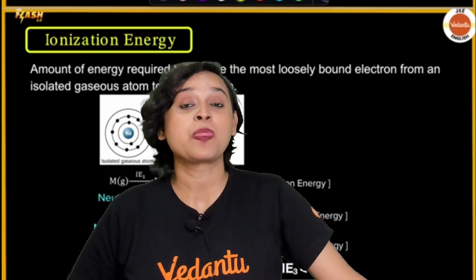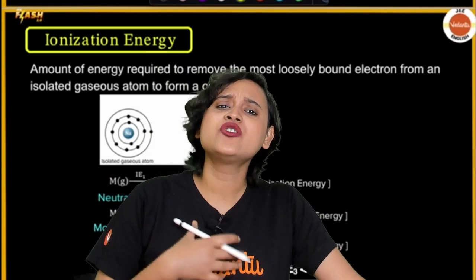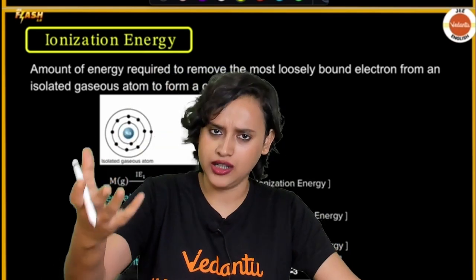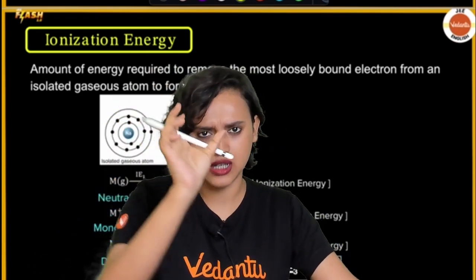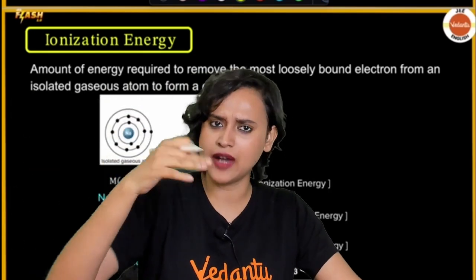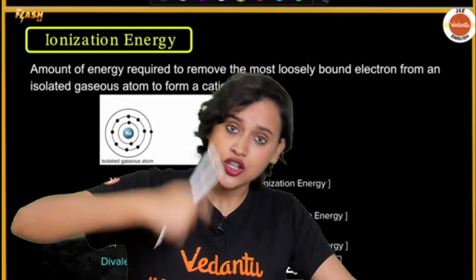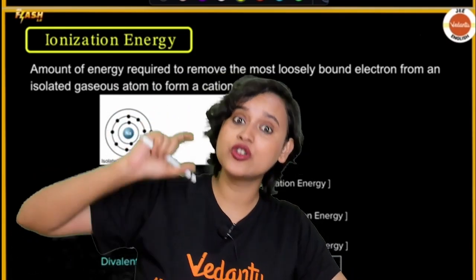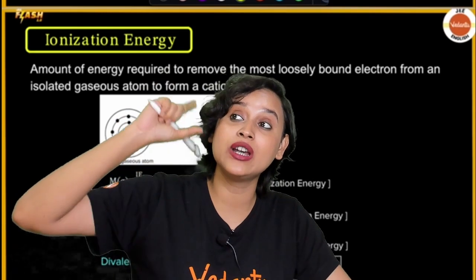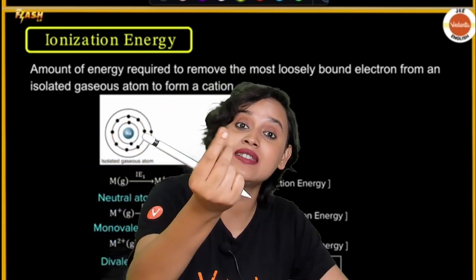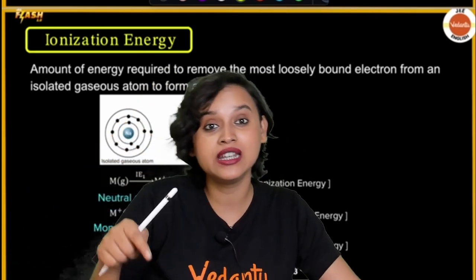So anyway, here what is happening is I have to give them a certain amount of money to be able to get that product. So what am I doing? I have to give some currency. What is the currency when we are talking about an atom? Money here is energy.